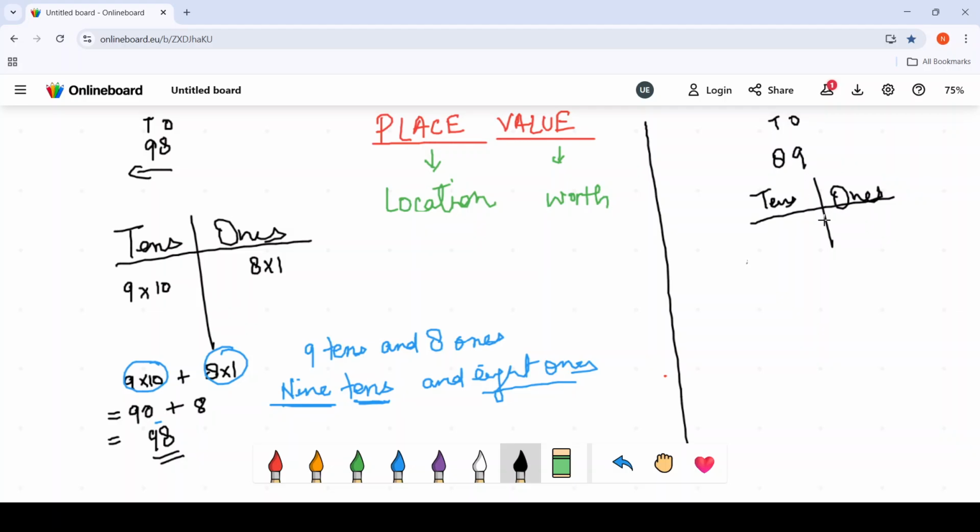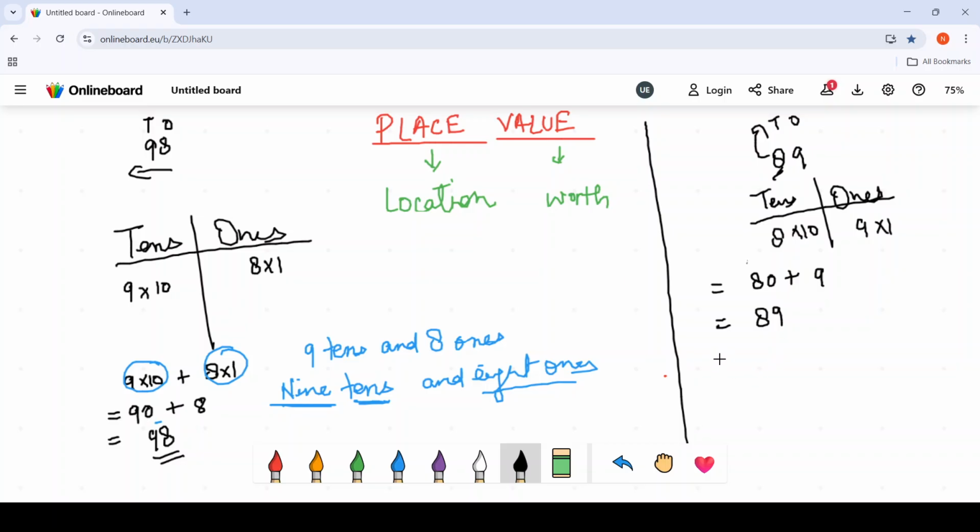So 9 is at ones place, so 9 will be multiplied by 1 and 8 will be multiplied by 10. Why? Because 8 is at tens place. 8 multiplied by 10 becomes 80. 9 multiplied by 1 becomes 9. We get 80 plus 9, and the number we get is 89.